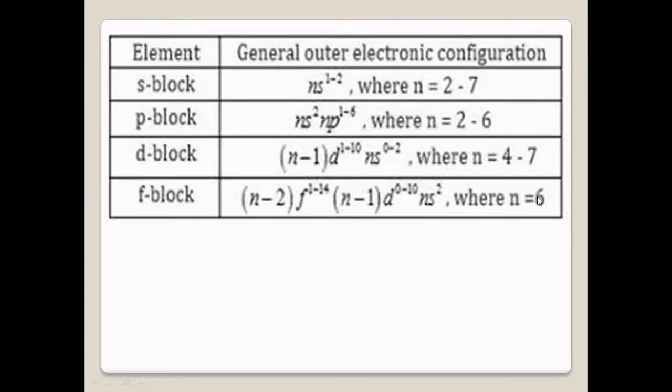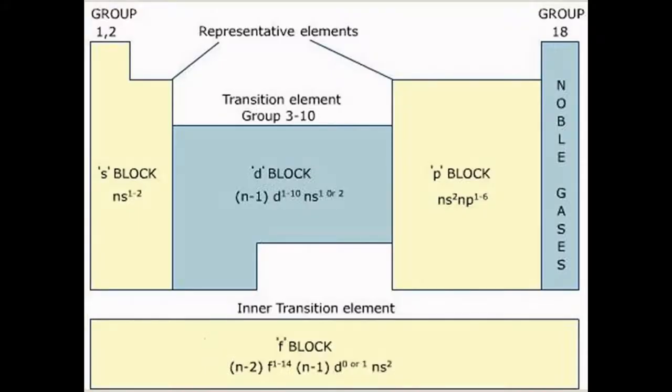Okay, are you getting this? This is the general outermost electronic configuration of elements belonging to the blocks, that is S block, P block, D block and F block. Okay, this is the diagram of this.